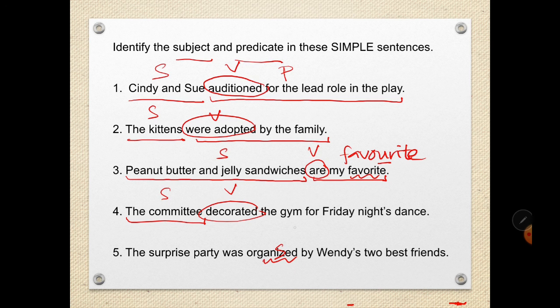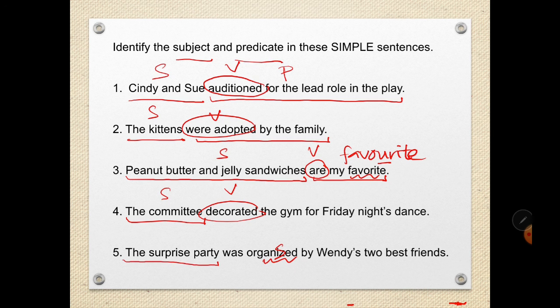Alright, number 5, the surprise party was organized by Wendy's 2 best friends. So we have the surprise party. Was is a verb to be. So when there's a subject, there's a verb. When there's a verb, there's a subject. So if this is the verb, this is the subject.